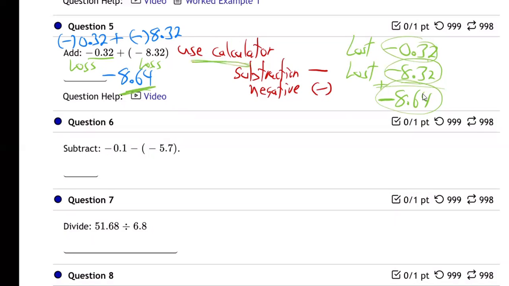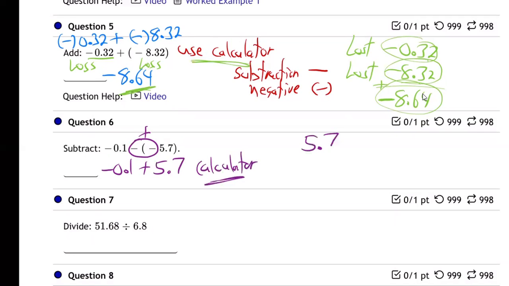On the next one, you know what to do with that double negative, right? That double negative becomes positive. Two negatives head to head right next to each other like that become positive. And so then just type that into your calculator again. Just type it into the calculator. I'll show it by hand.